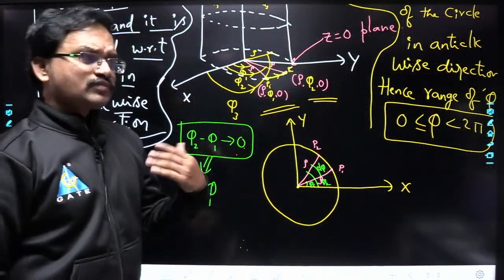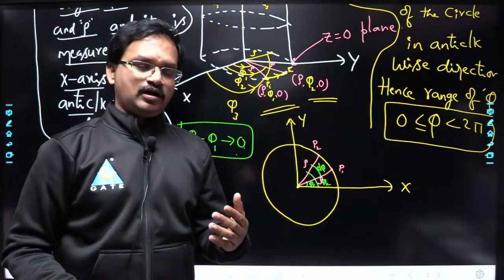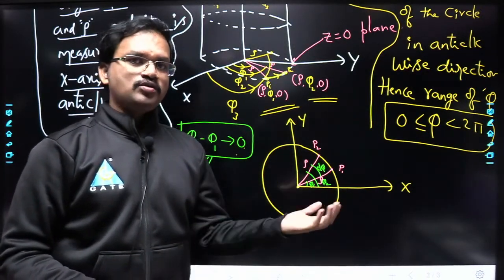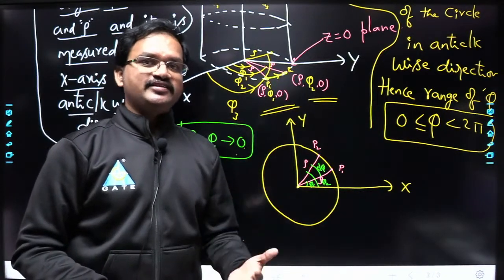Now we have seen how to determine the differential length along rho. Now we have to see how to determine the differential length along phi.